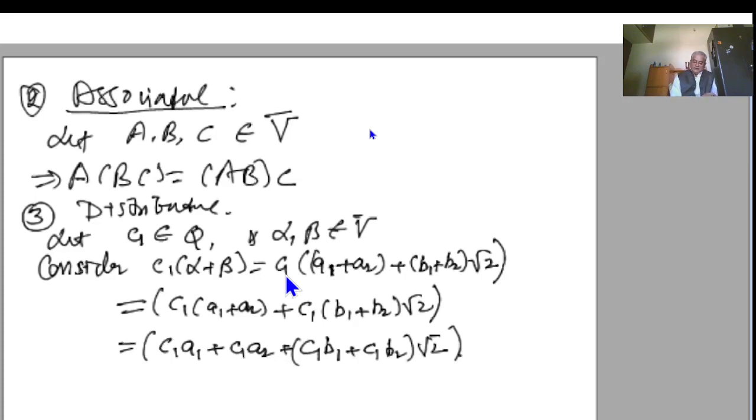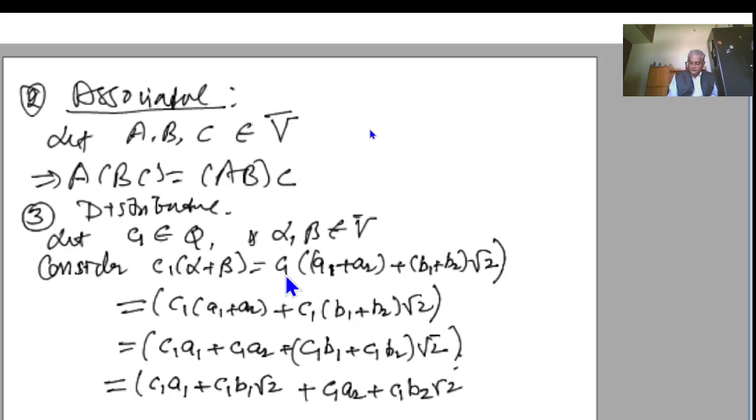Okay. This is equal to, I will write this as C1 A1 plus C1 B1 into root 2 plus C1 A2 plus C1 B2 into root 2.